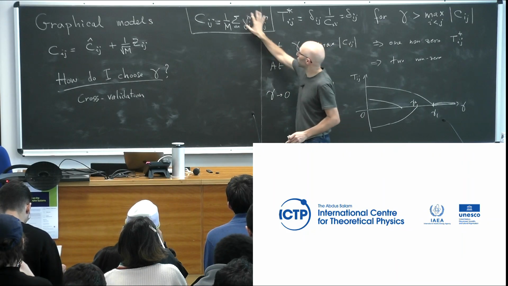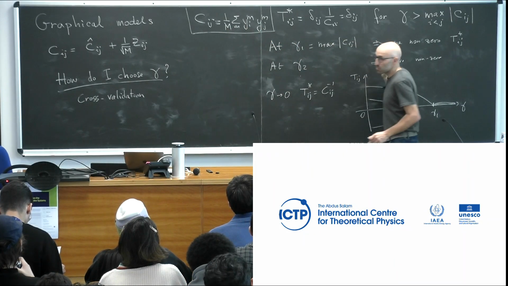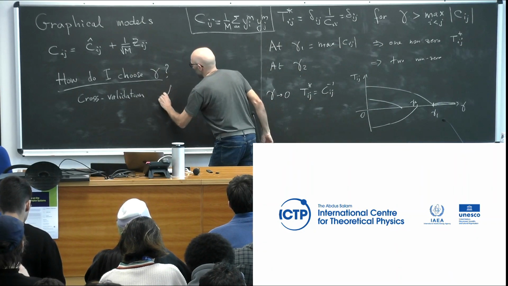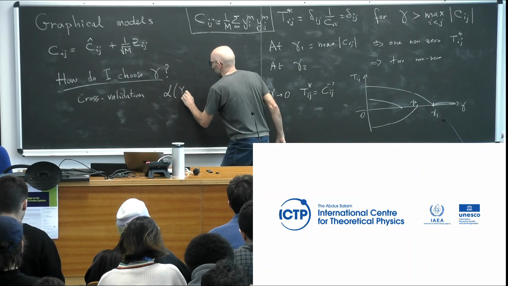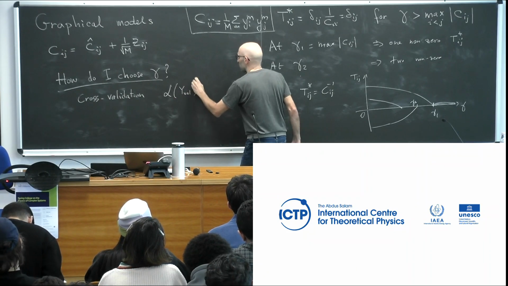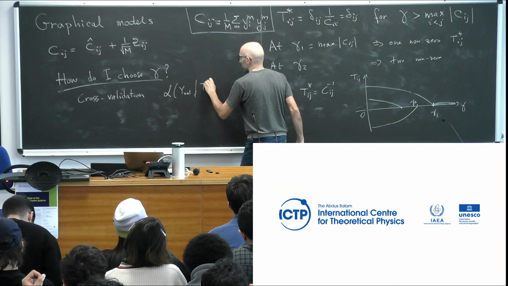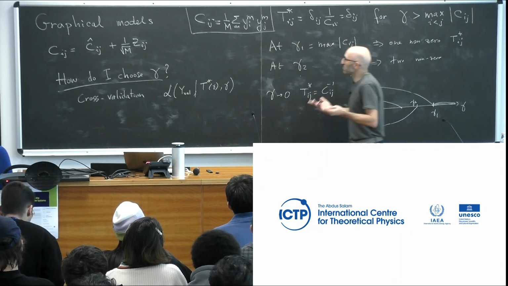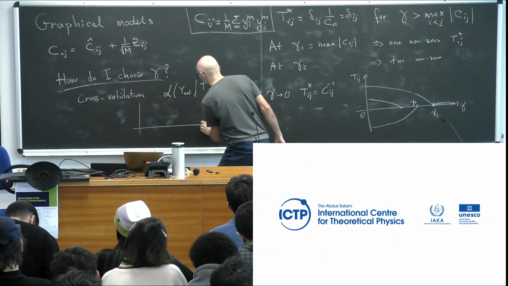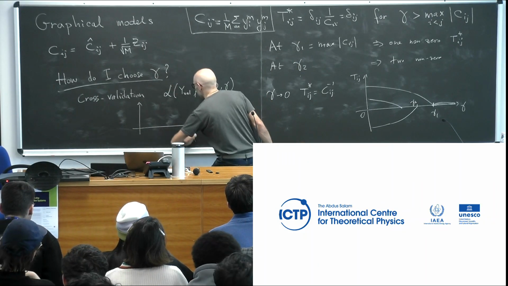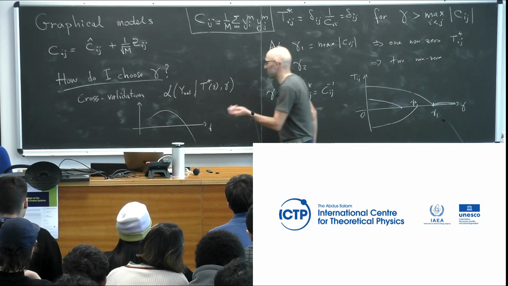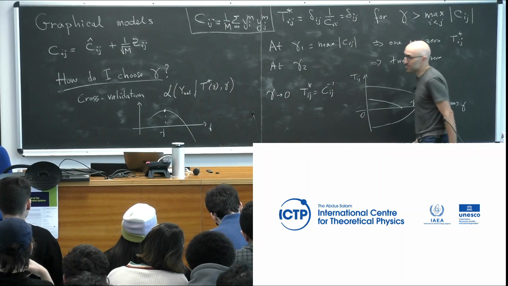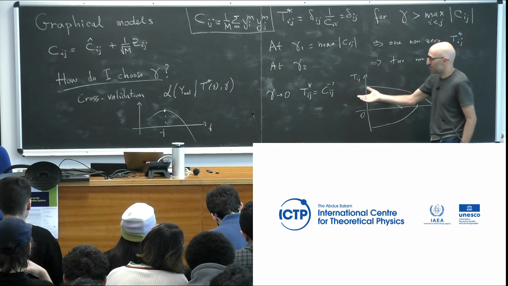The training set is used to compute C, and then you reduce gamma, and you compute the likelihood of the validation set as a function of the t that you infer, right? And if you're lucky, when you plot this as a function of gamma, there will be some maximum, and you can say, okay, the best gamma is the one that maximizes the likelihood of data that I don't use in my training.